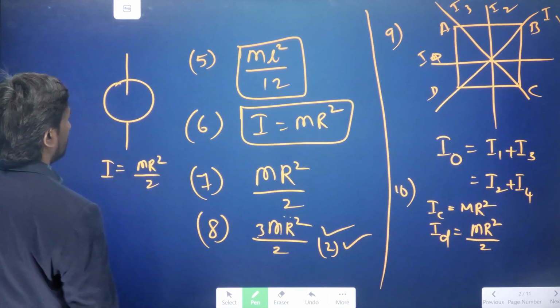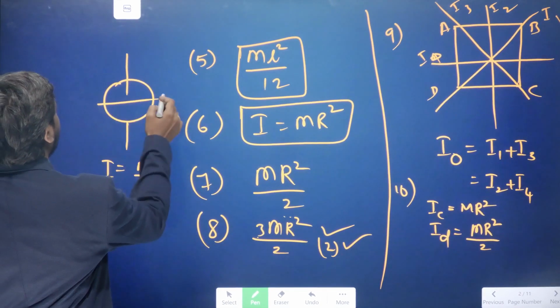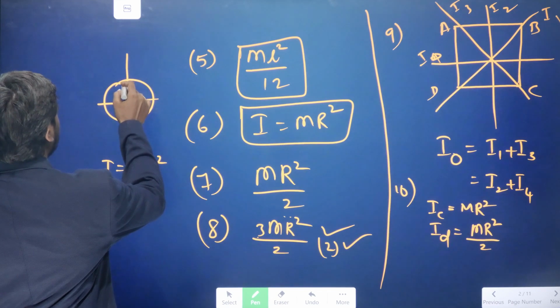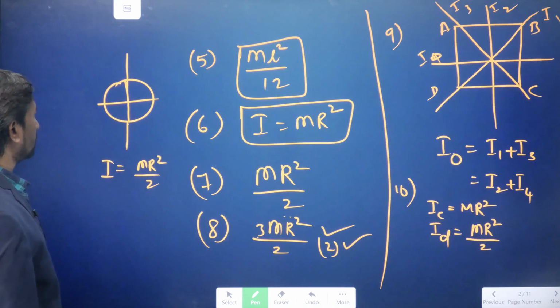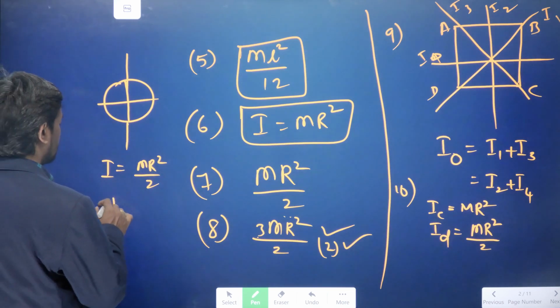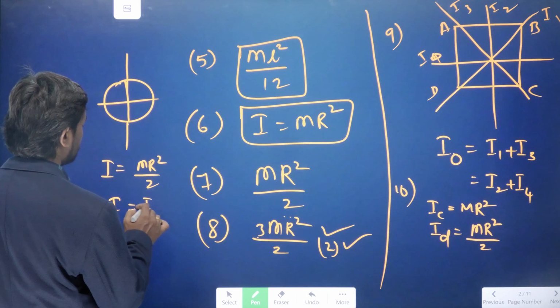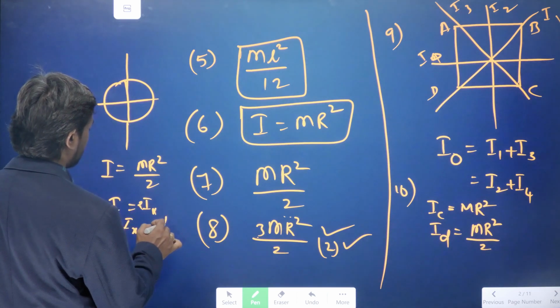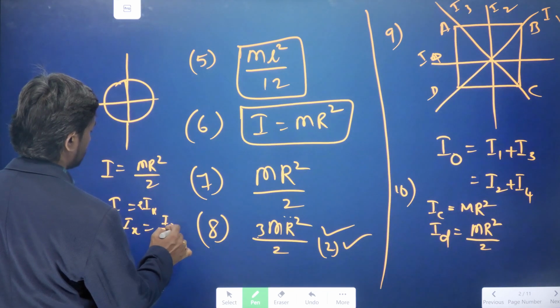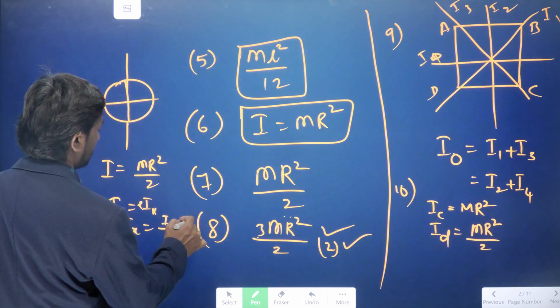Now if you take the diameter, these two diameters will be perpendicular to each other, so we can add them: I equals Ix plus Iy, so Ix can be written as I naught by 2. So we get mr square by 4.